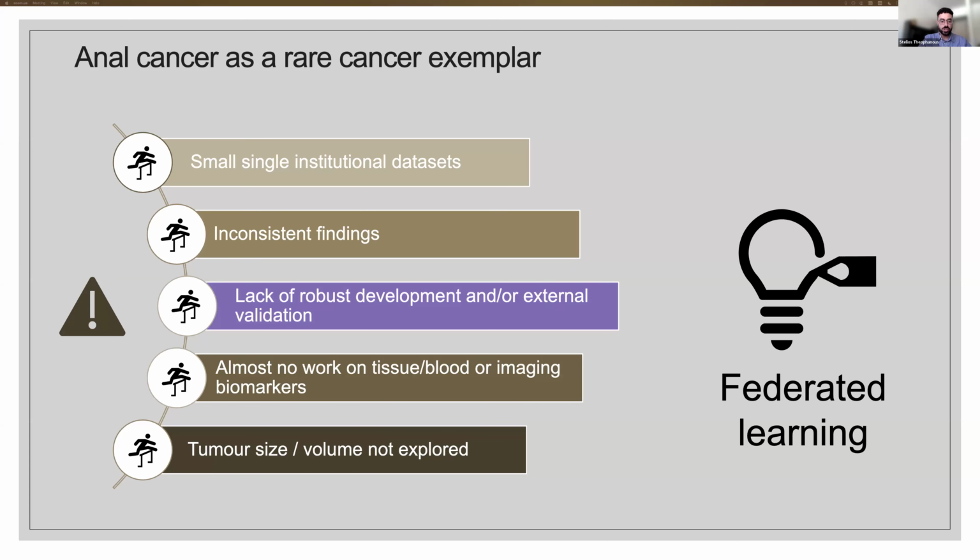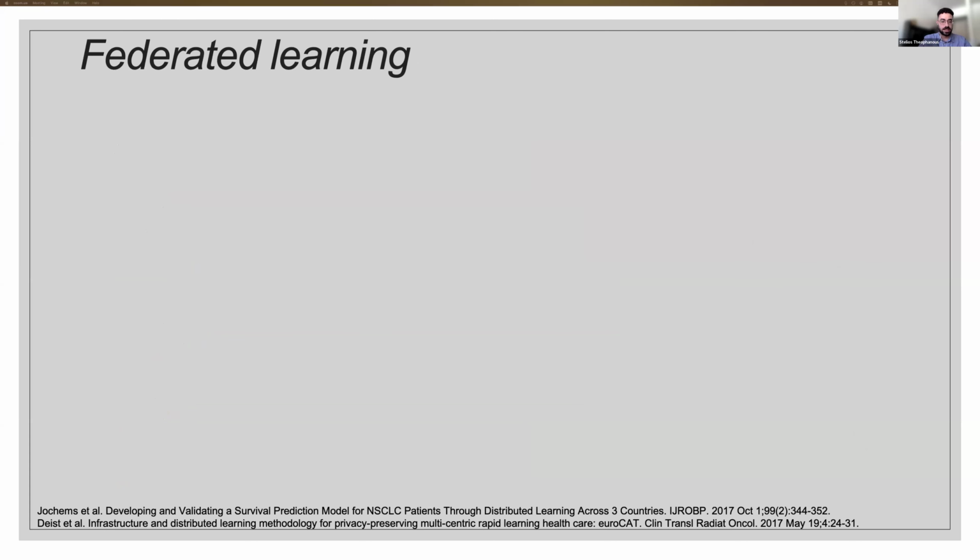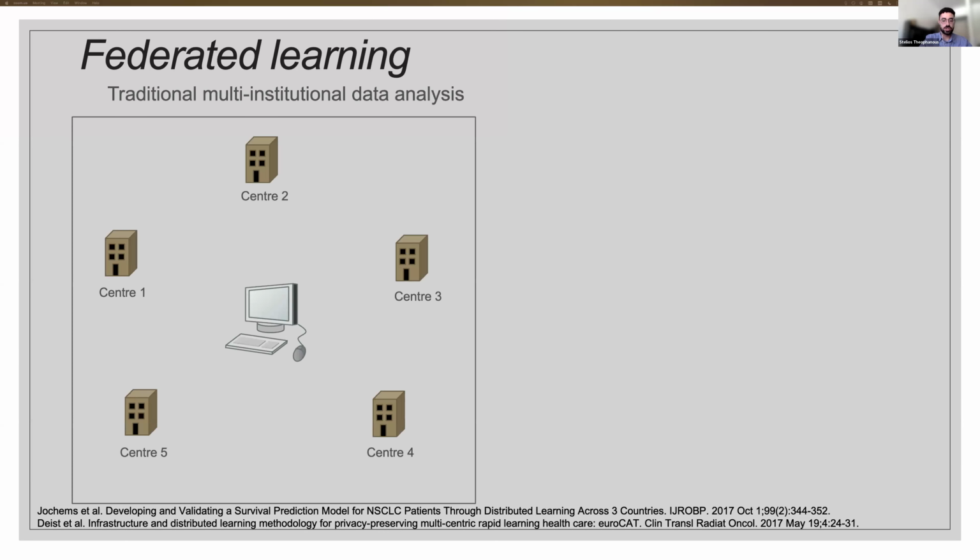So back to our original question, what is federated learning? You might be more familiar with the traditional multi-institutional data analysis approach, where data is pulled from multiple locations into a central repository, and then it's analyzed centrally to create the central model.